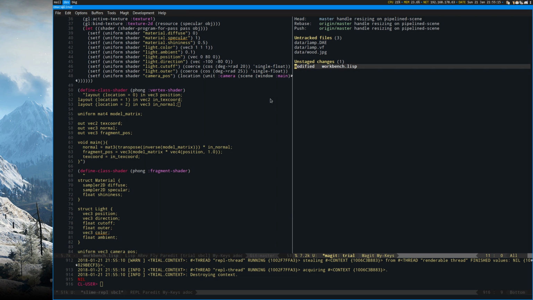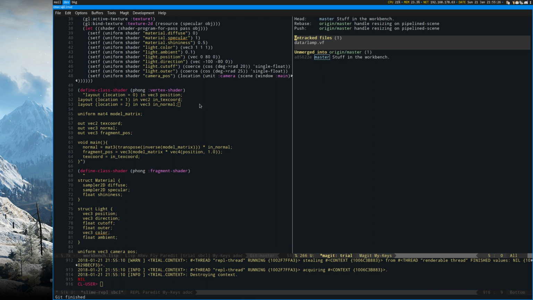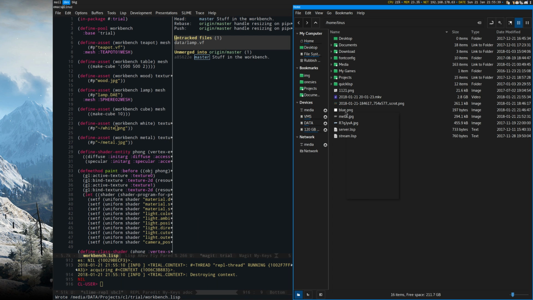Well, got a lot of progress today. Stuff in the workbench. I'll move this into the thing, and then we can commit it all.